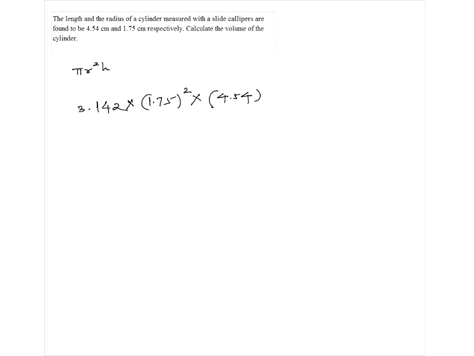Just calculate and round off up to 3 significant figures.